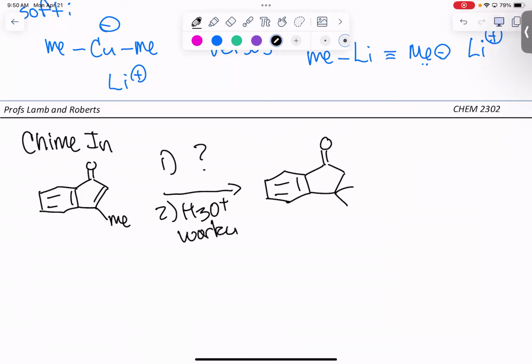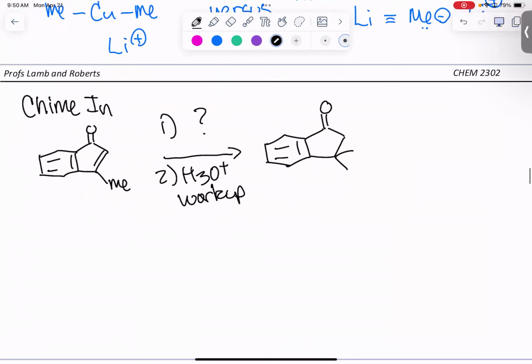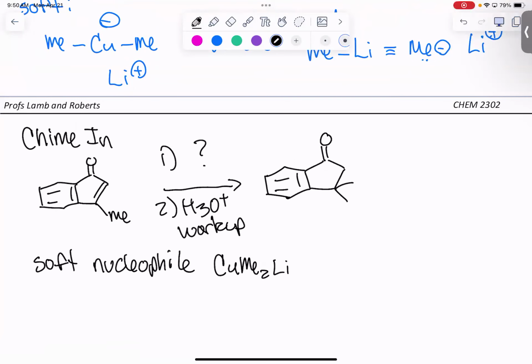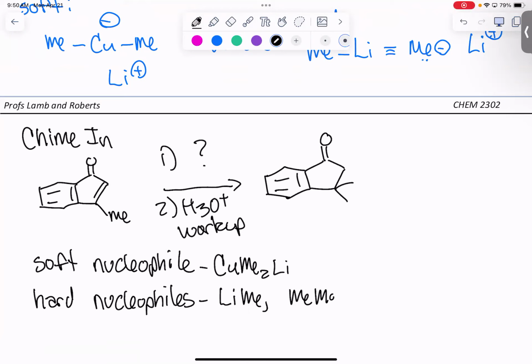All right, so let's go ahead and see here. Well, our soft nucleophile that was the winner was our copper reagent, right? Our cuprate. So dimethyl copper. We have our lithium counterion that we saw up here. All right. Our hard nucleophile candidates were organolithium reagents, methyl lithium, as well as methyl magnesium bromide.